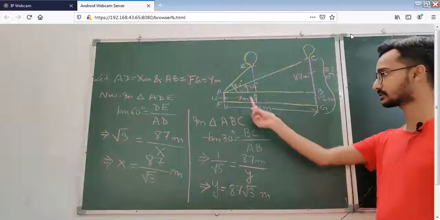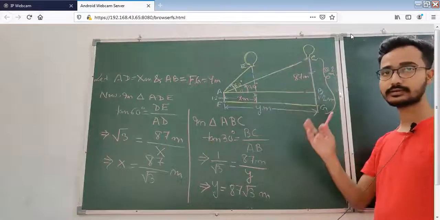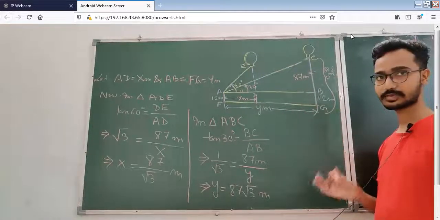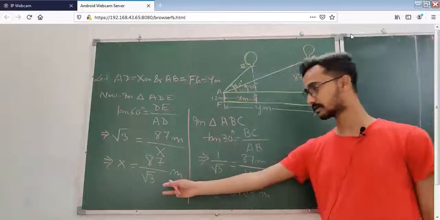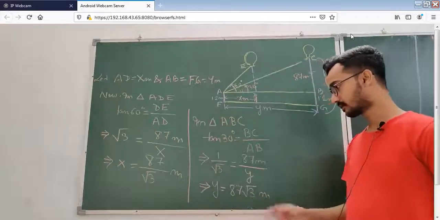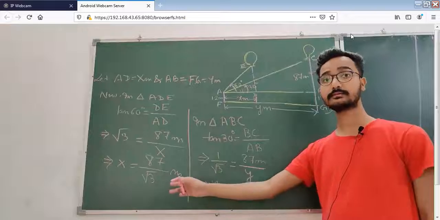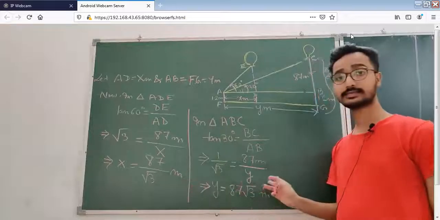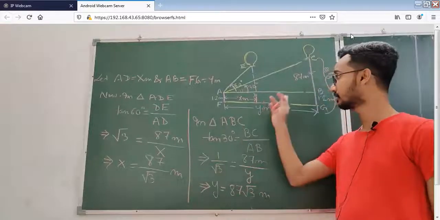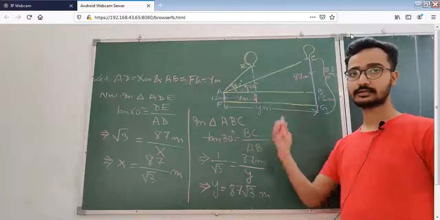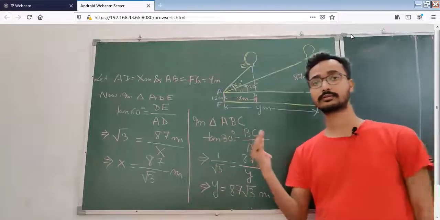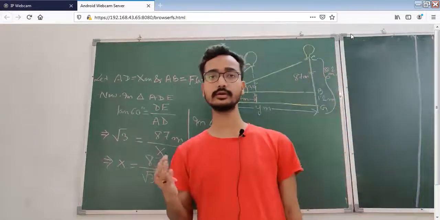We have already found the value of X and the value of Y. Now if you subtract 87 by root 3 from 87 root 3, you will get the value of BD, that is the distance between the two positions of your balloon.